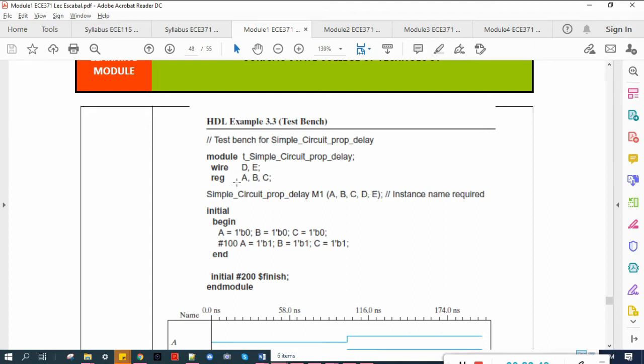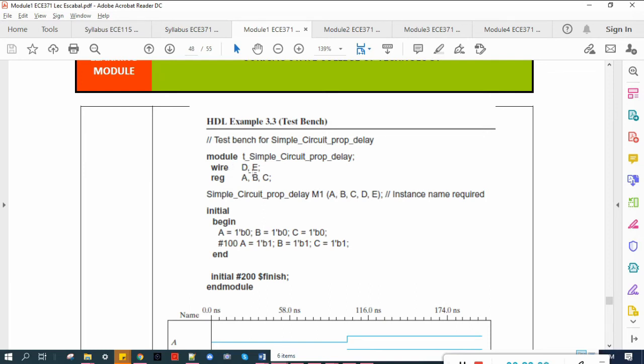You should not be confused. We can rename these. We can use any other name instead of D, E and A, B, C. This is for the test bench itself and not from the circuit that we designed.